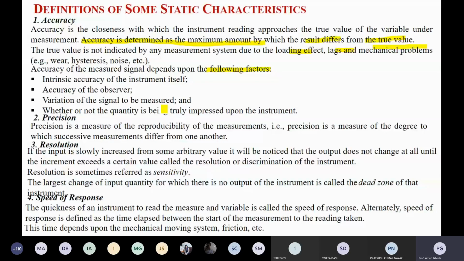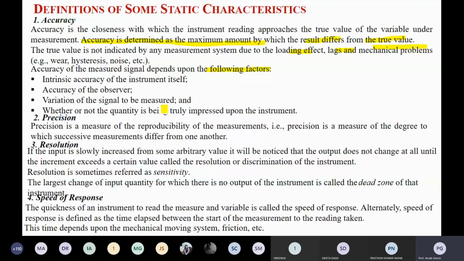It should always be perpendicular, at 90 degrees. If you are not able to read the value in such a manner, it will differ in position, because if you view from an angle you can see it differs from the actual position. That kind of accuracy error may be there due to the observer.